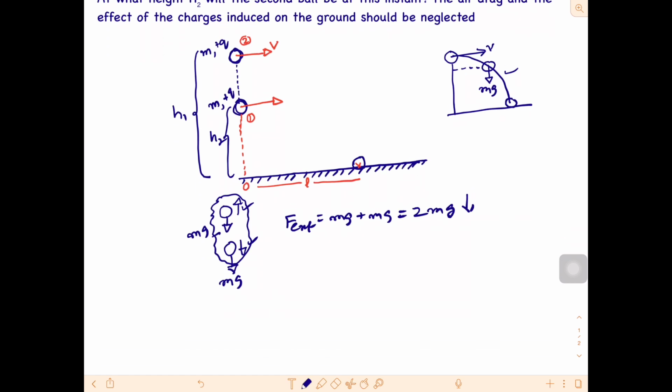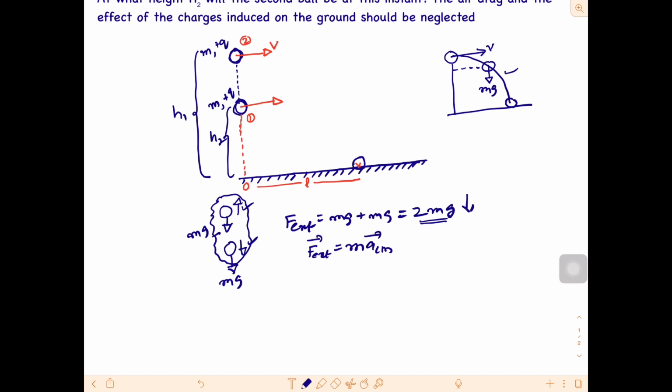Now, the center of mass of this will behave as if this total 2mg were acting only on it. That is the basic definition of center of mass. That is F external vector equals M a_CM in general.